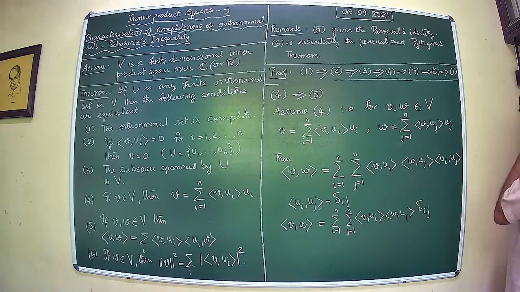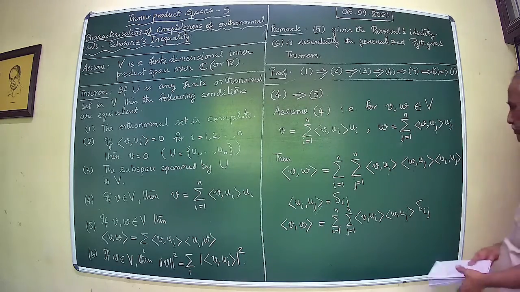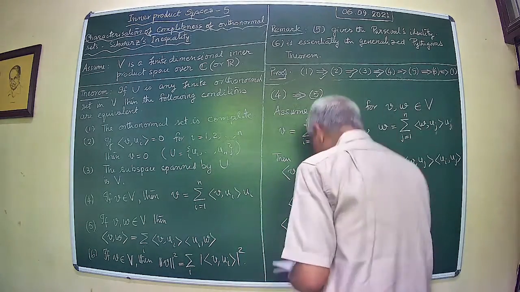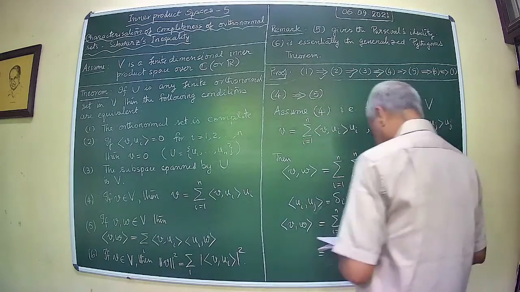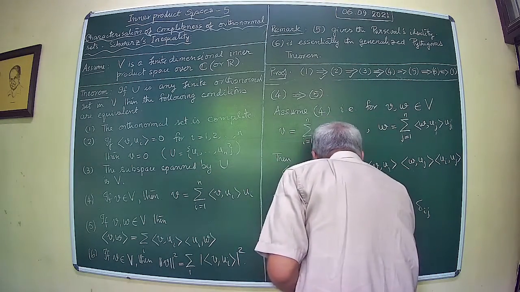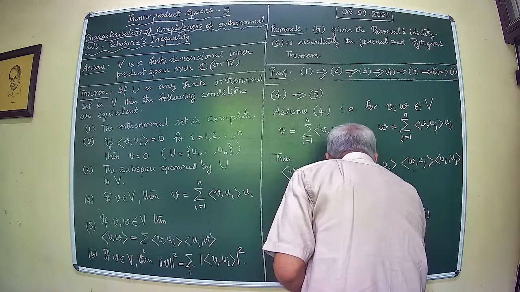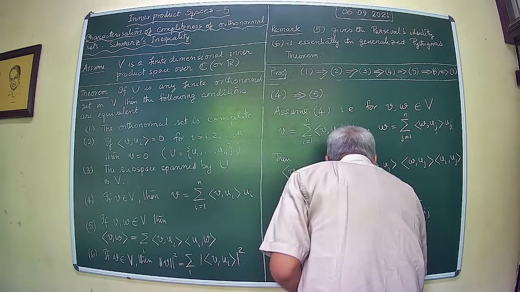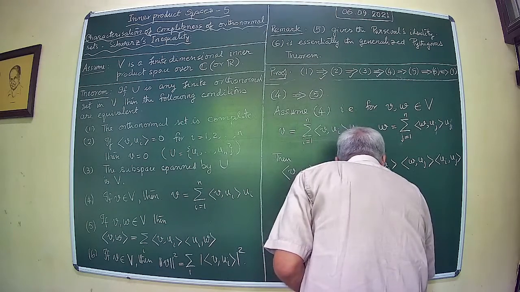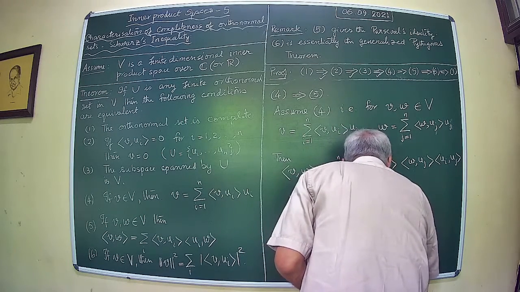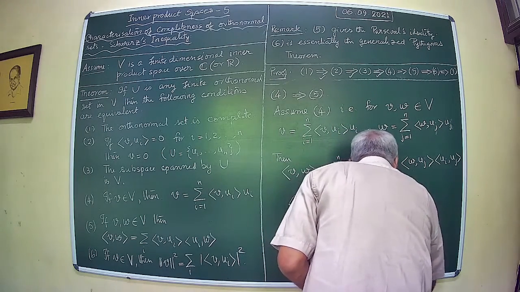Now when I equal to j, this is 1, otherwise it is 0. Therefore this is equal to, right?